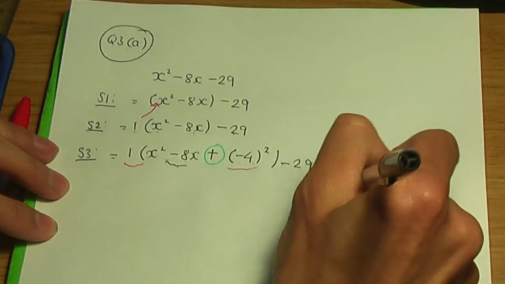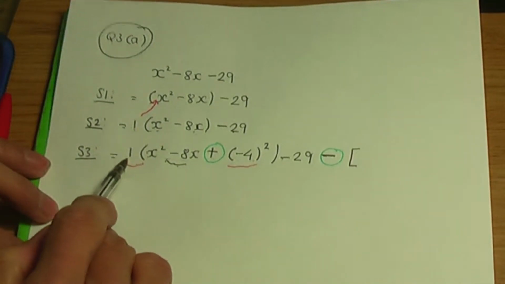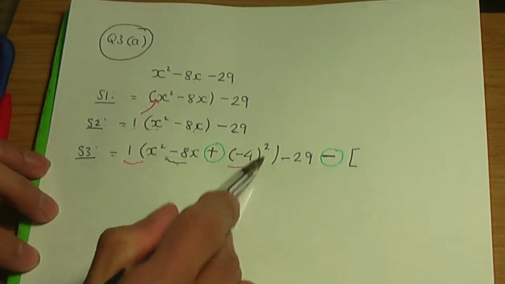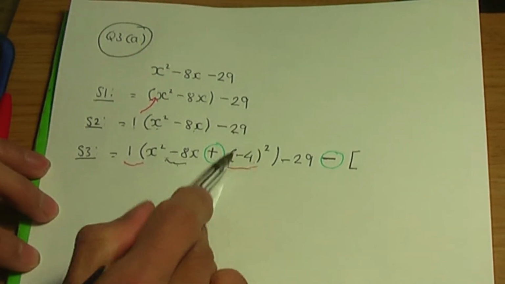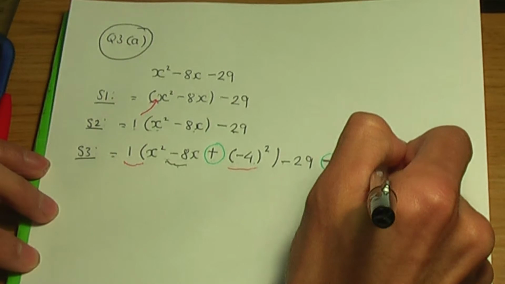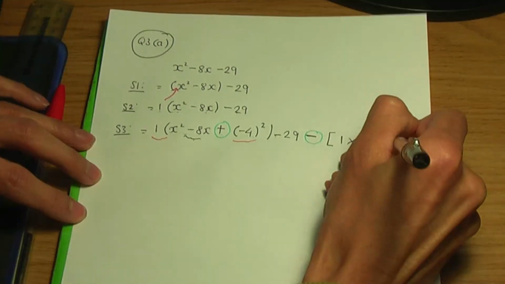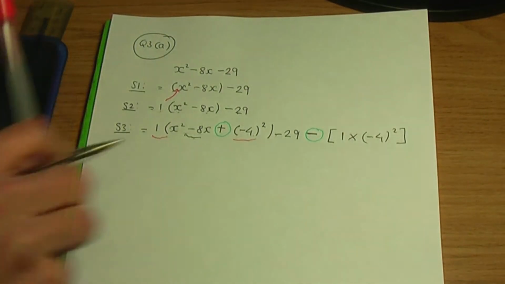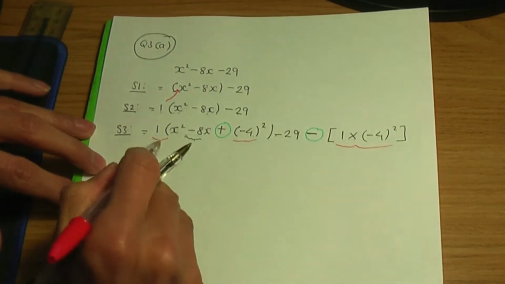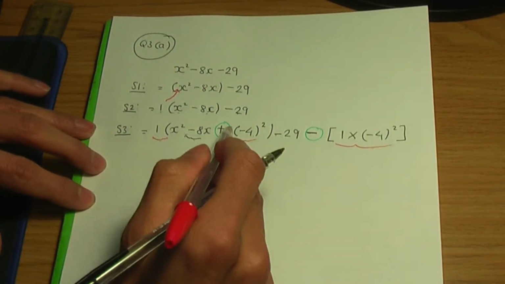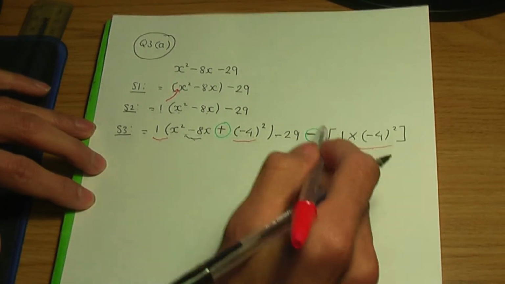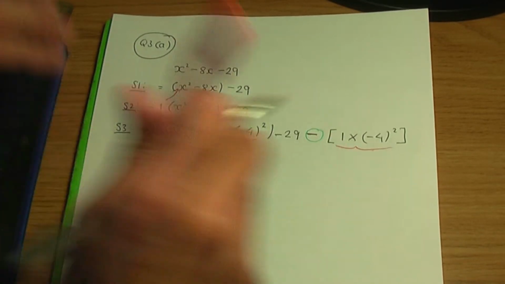And what are we subtracting? We're subtracting the number times this term over here, so we're subtracting 1 times minus 4 squared in this case. So red with red, green with green: 100% plus here, 100% minus here.